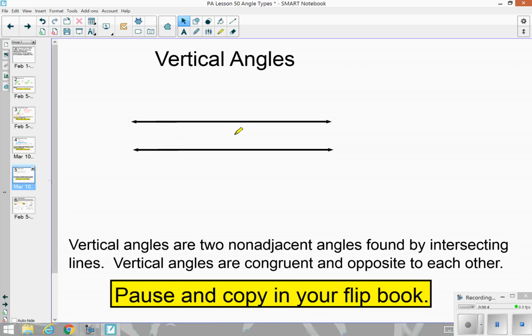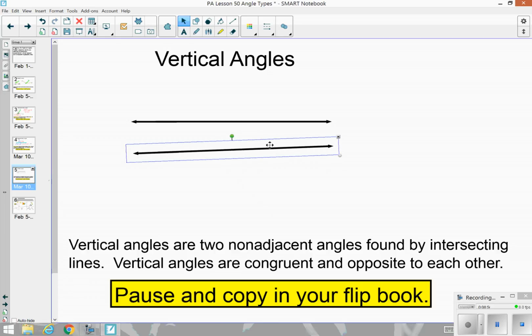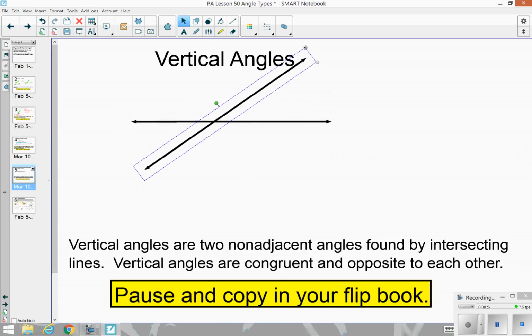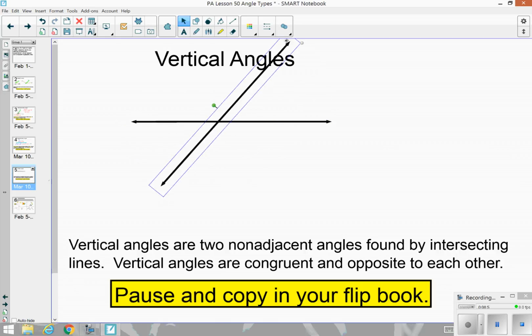So we call those parallel lines. But what would happen if I took one of these lines and I flipped it? So I turned it sideways like this. Now all of a sudden my two parallel lines are now intersecting.